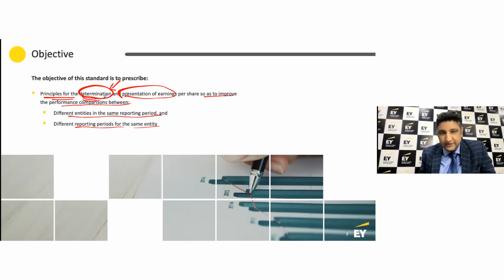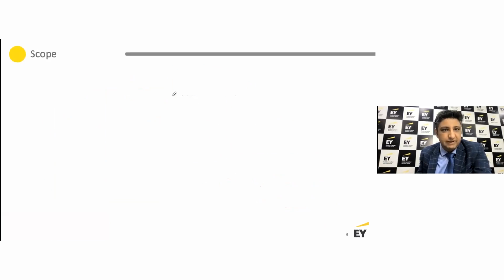How do you determine that, and how are you presenting it? And that is where you look at the need for the standard, right? The standard gives all those guidelines and the ways in which, for example, EPS should be calculated, right? We'll see that it's not a very straightforward process to calculate EPS just like that, and we'll do the reasoning of those as well, right?